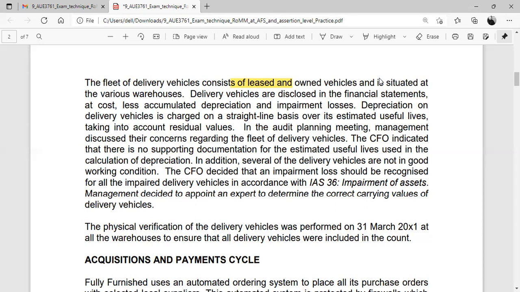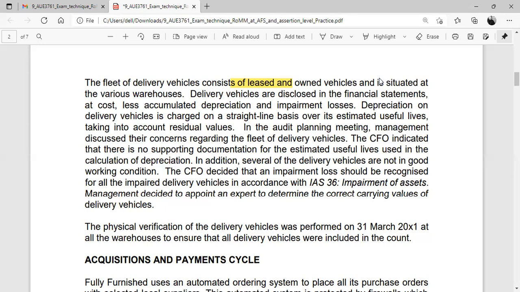It would affect the value at the end of the day, because if they're saying that a couple of vehicles are not in good working condition, you find a situation where, I'm giving a typical example, this delivery vehicle is worth say 50,000 rand because it's in a poor condition.